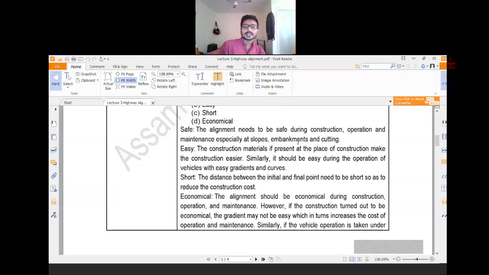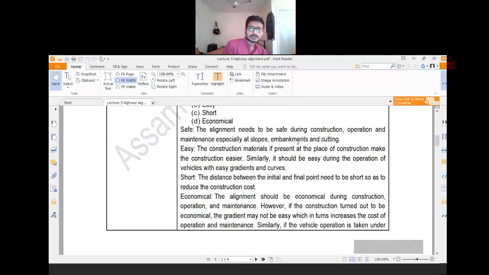However, if the construction turns out to be economical, the gradient may not be easy, which in turn increases the cost of operation and maintenance. During construction, you can think that if we increase some gradient, we can reduce some construction cost.